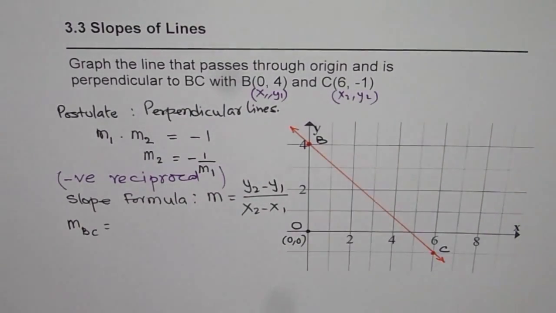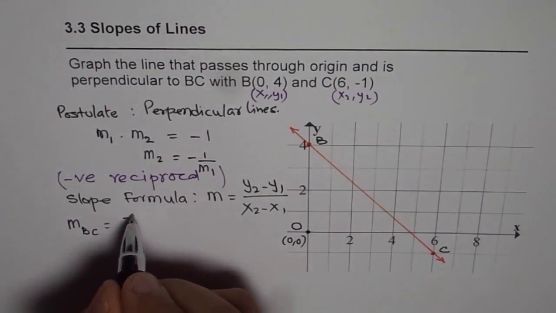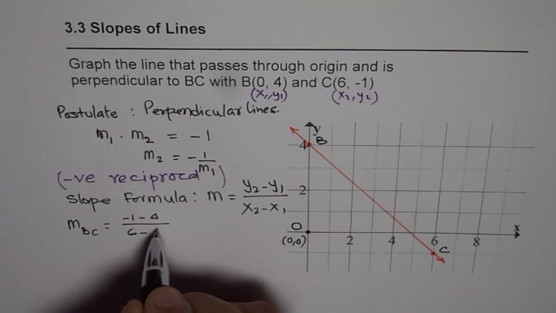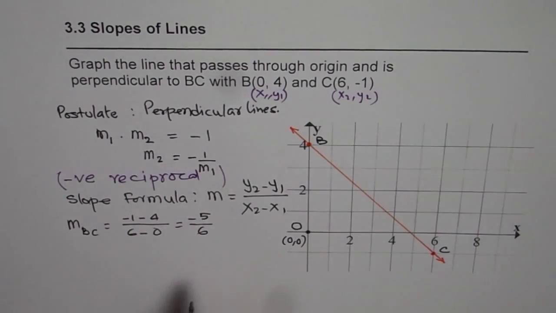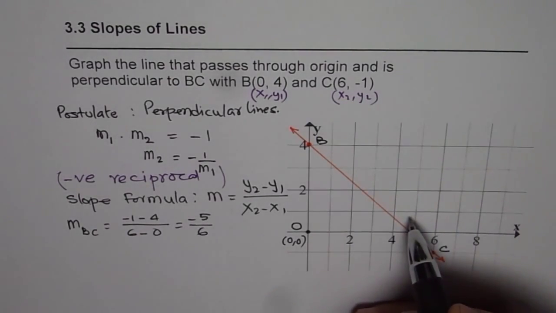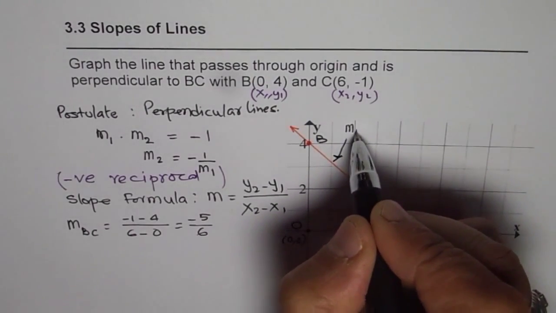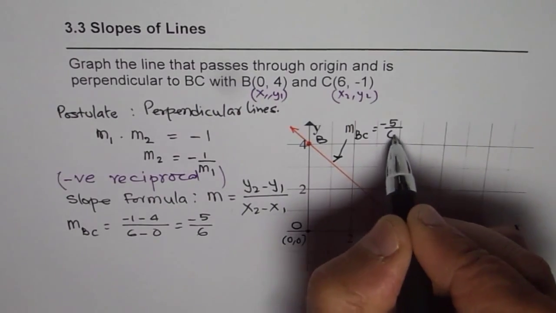So let's use the slope formula and substitute the values. So what do we get? We get -1 minus 4 divided by 6 minus 0, that is -5 over 6. So we know that the slope of this line, M_BC, is equal to -5 over 6.